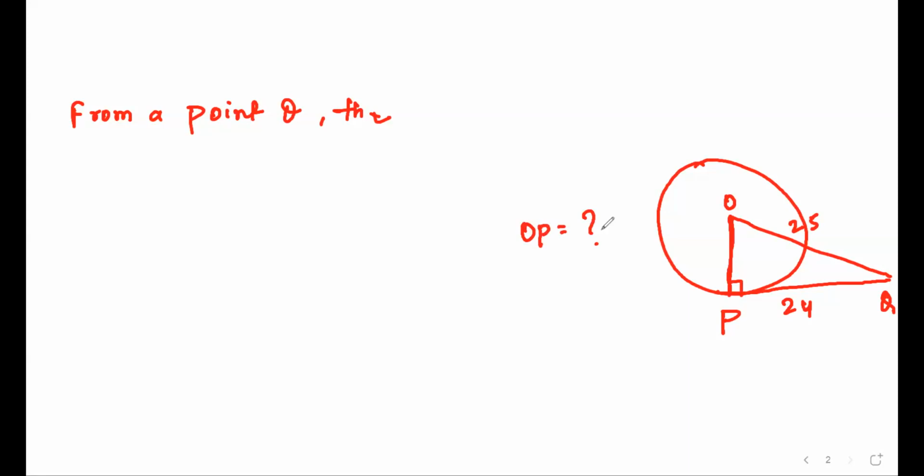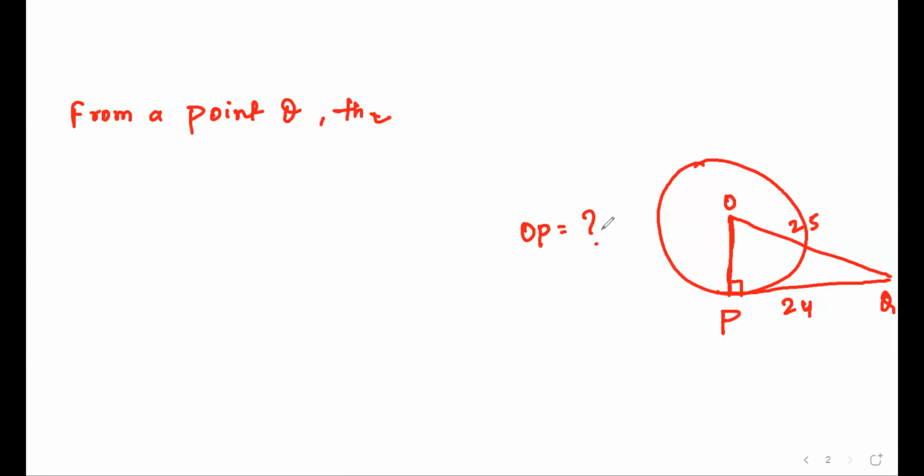Pythagoras theorem? Yeah, we can apply Pythagoras theorem, right? Yes, ma'am. So by applying Pythagoras theorem, easily we will be able to find OP, right? Let's do the next one.